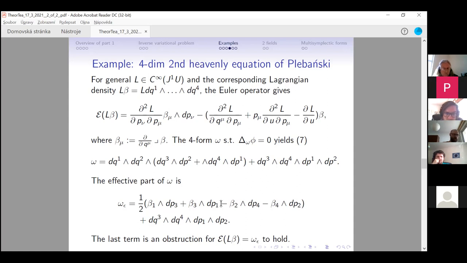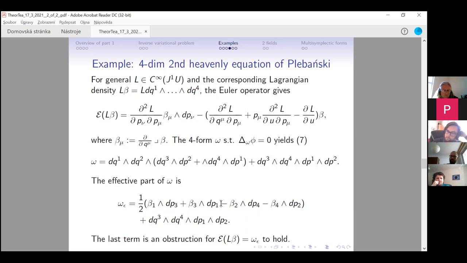And in this class, there is a unique effective part, up to a non-vanishing function multiple, which can be computed and which represents the equation, right? There is nothing else that you can change about the form itself without changing the equation, once we have the effective part. Does that answer the question better?